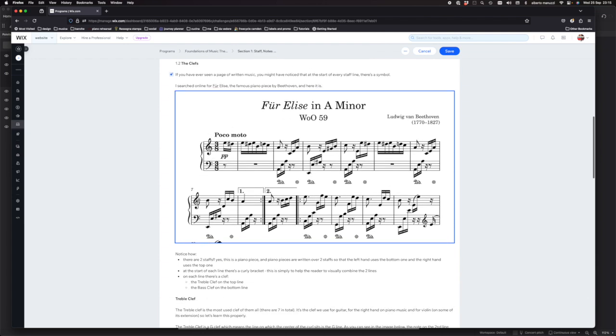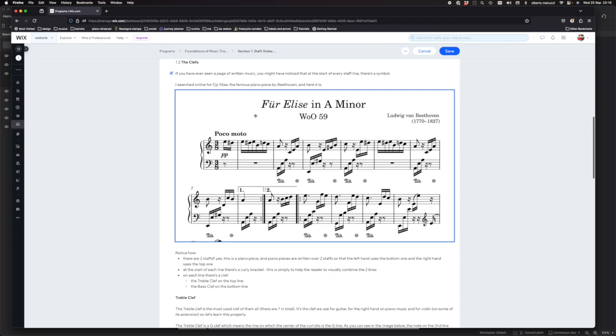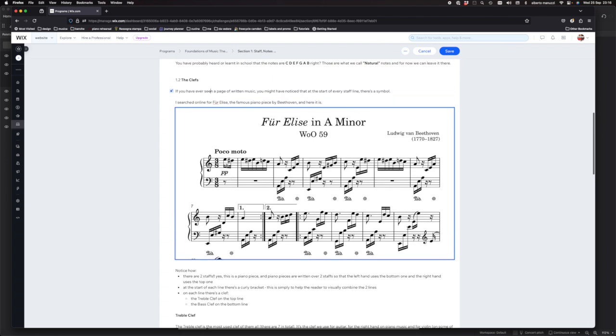For example, here I took a screenshot of Fur Elise by Beethoven. It's a piano piece, and piano music is written like this. It's over 2 staves, with a treble clef here. We'll find out right after this what that means.